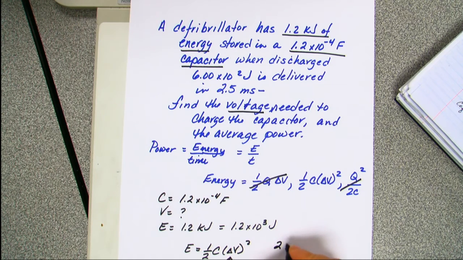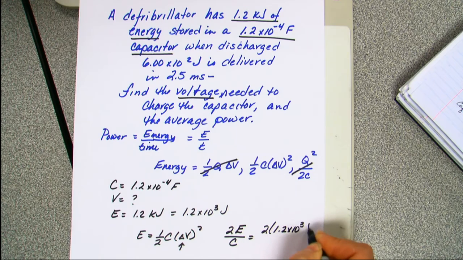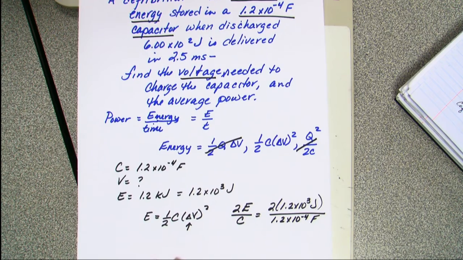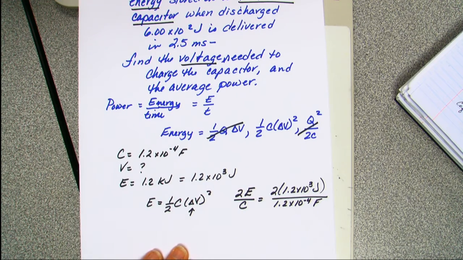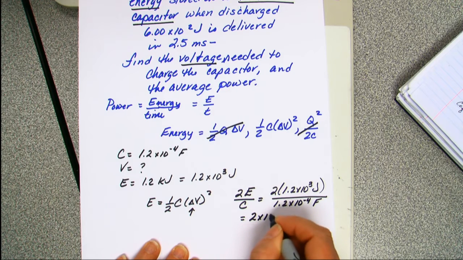So this is going to be 2E divided by C, which is going to be 2 times 1.2 times 10 to the third joules, divided by 1.2 times 10 to the minus 4 farads. And now we're back to my units look ugly, right? So it's a little harder to do that. But this ends up equaling 2 times 10 to the 7 volts.